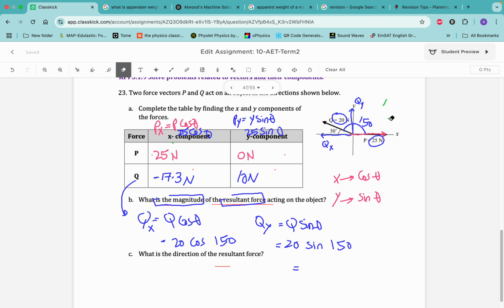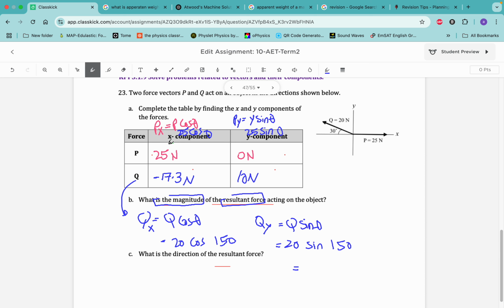Now for the resultant, it's another story. Why? Because here we need to find total x and total y first, then we add them.